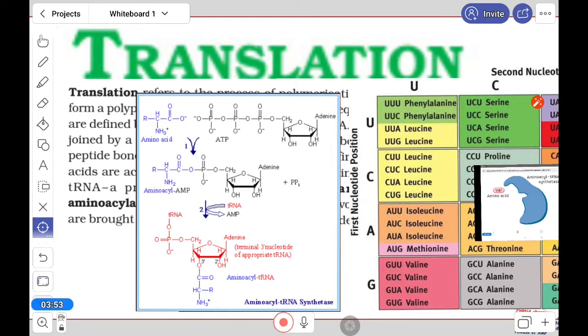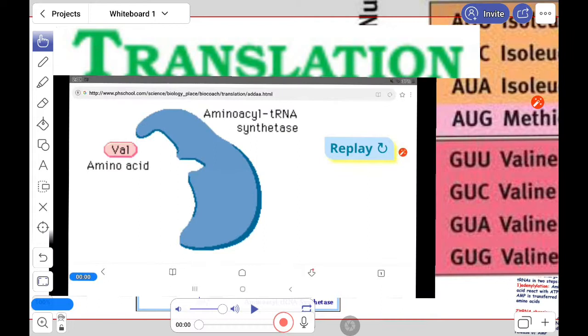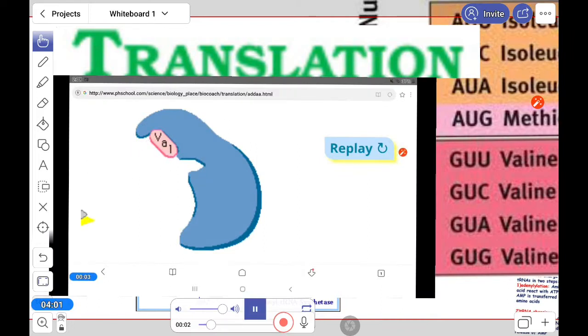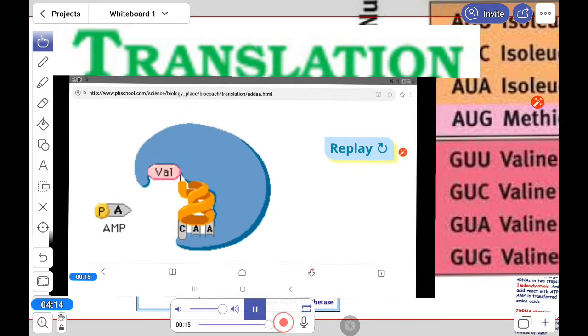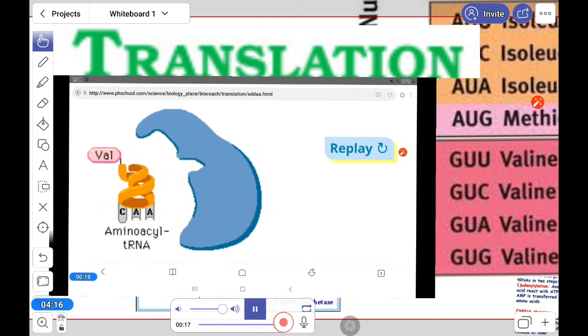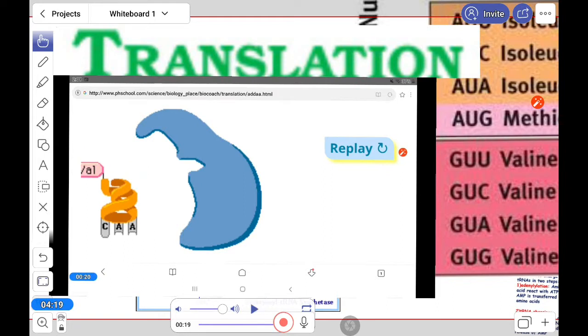We can see this joining in another way also. Look here, the valine, here aminoacyl synthetase, this is an enzyme, and ATP joins, and uncharged tRNA comes and turns into charged tRNA.